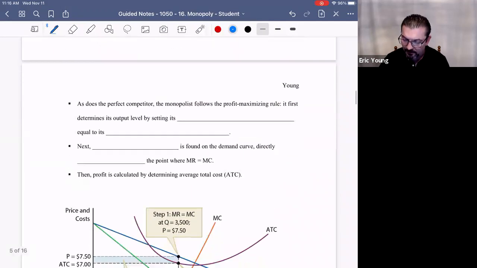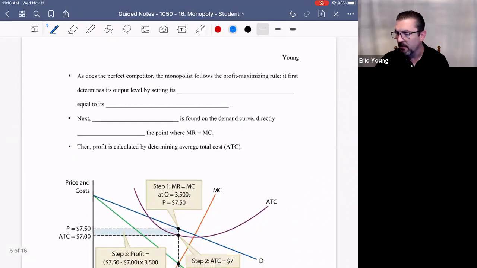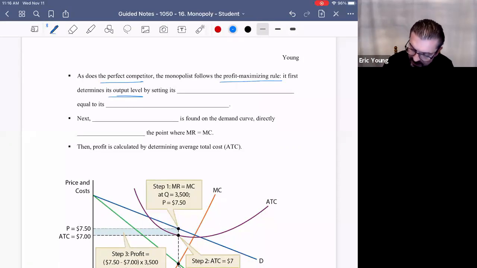With that in mind, we're ready to jump into the big rule. Just like the PC firm does, the monopolist follows the profit maximizing rule. It first determines its output level, and it does that by setting its marginal revenue equal to its marginal cost.